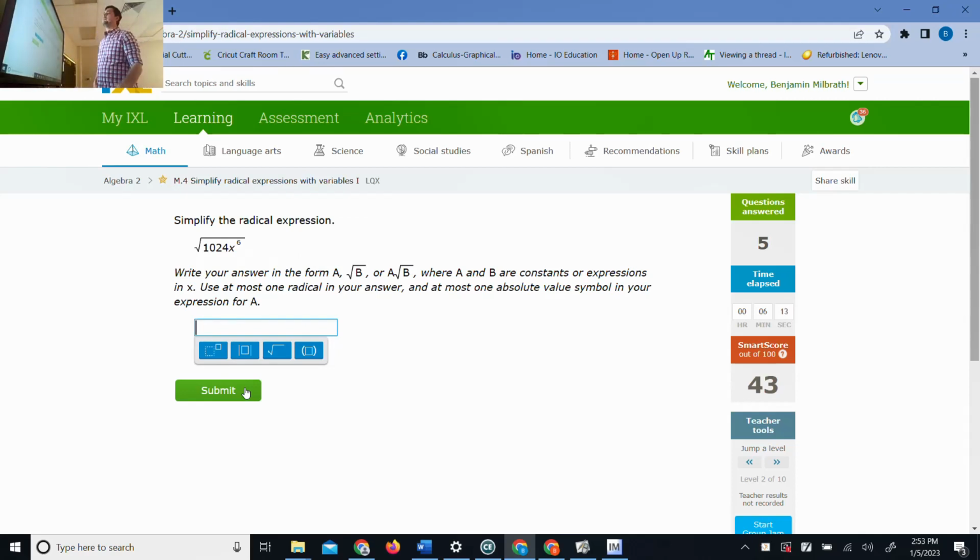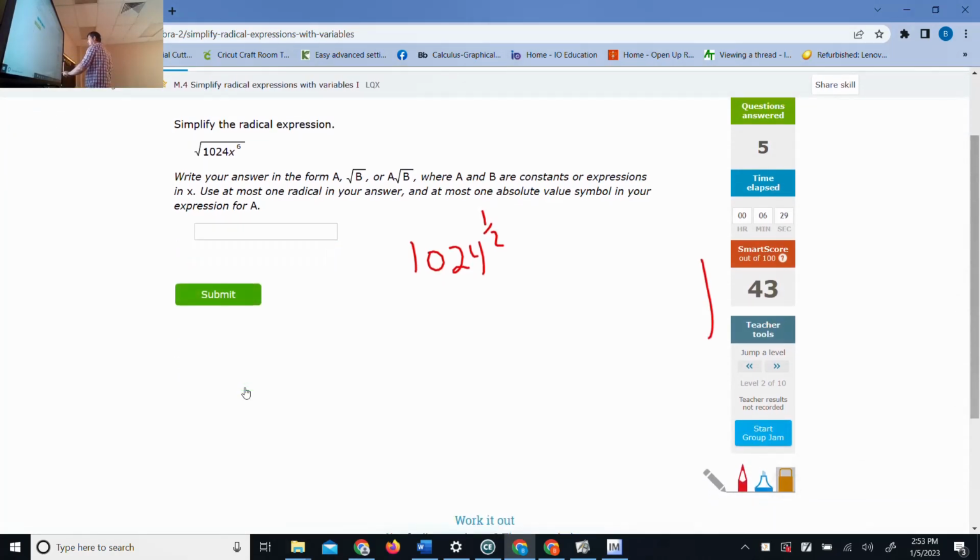This one's going to require bars a little bit more. So you've got the root of 1024. This is 1024 to the 1/2 power. Actually, let me erase that. Can I erase that? Is that an eraser? Sweet. I've been stuck on exponents all day and I wanted to stick with it.